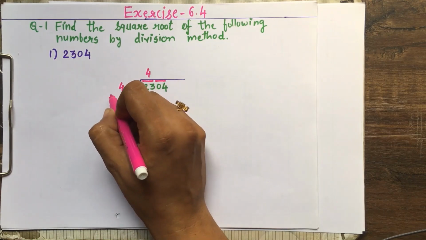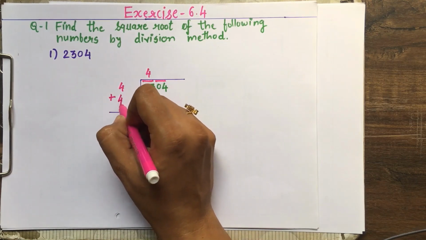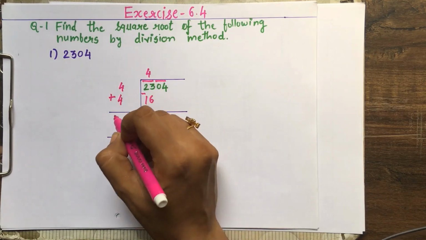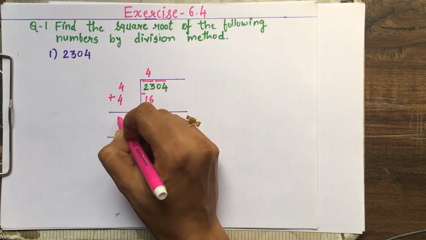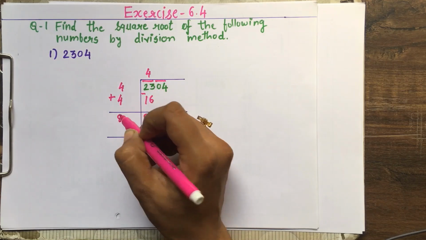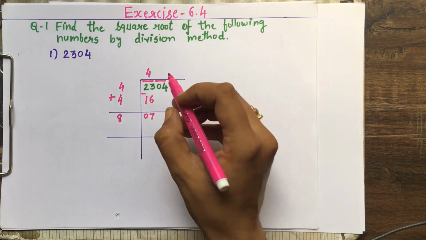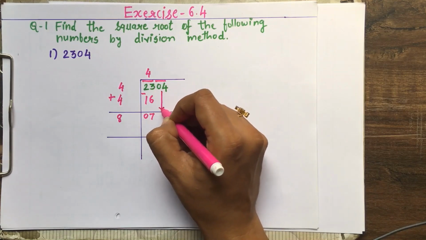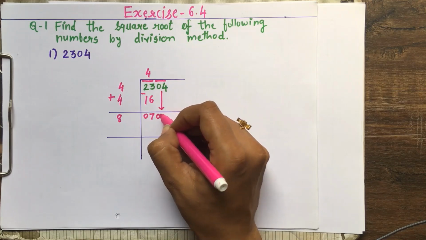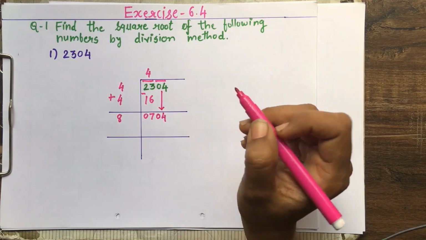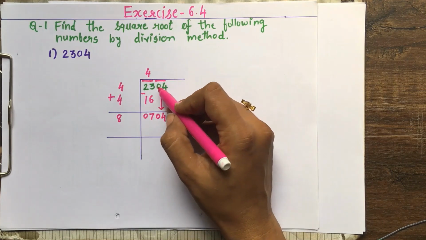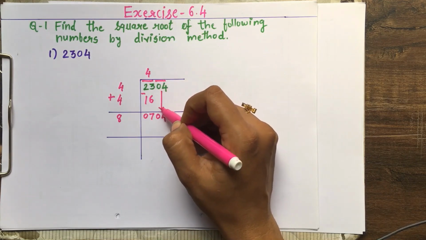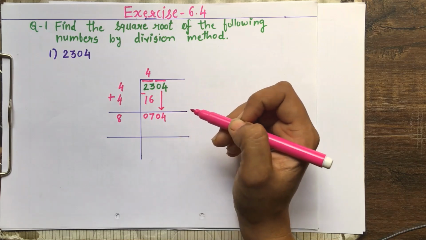So the same number I have to add over here, and that addition of 4 with 4, that is 8, I'll write over here. Now over here I'll bring this 04 down together. Remember, the group of the number that we have made, both the digits should be brought down together.